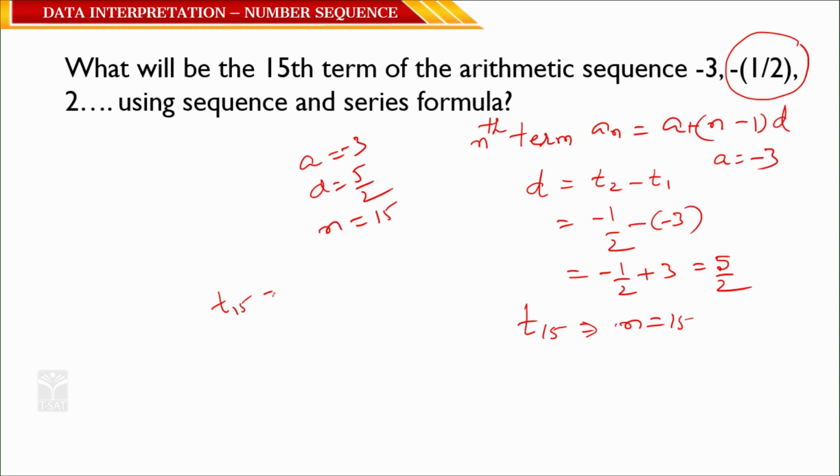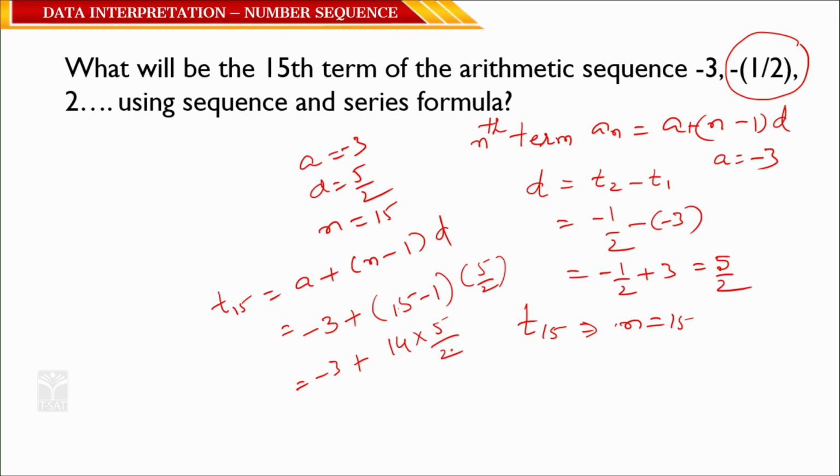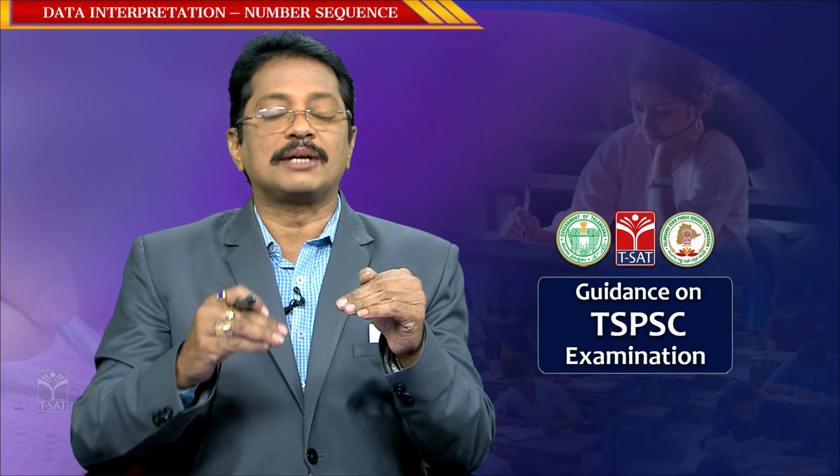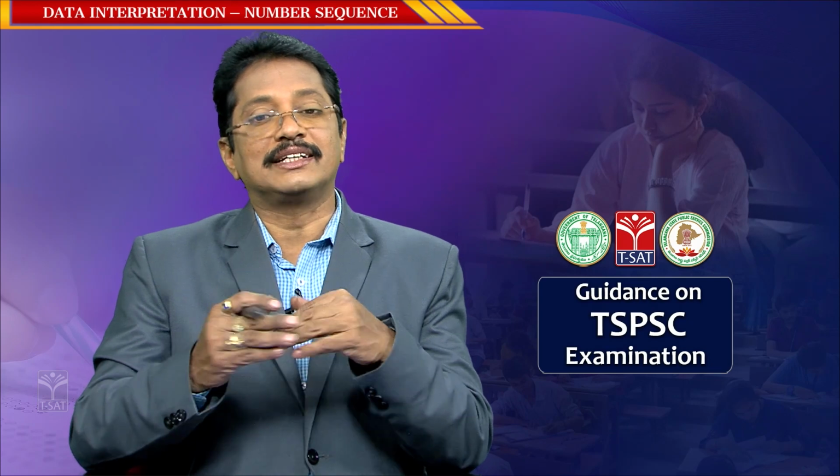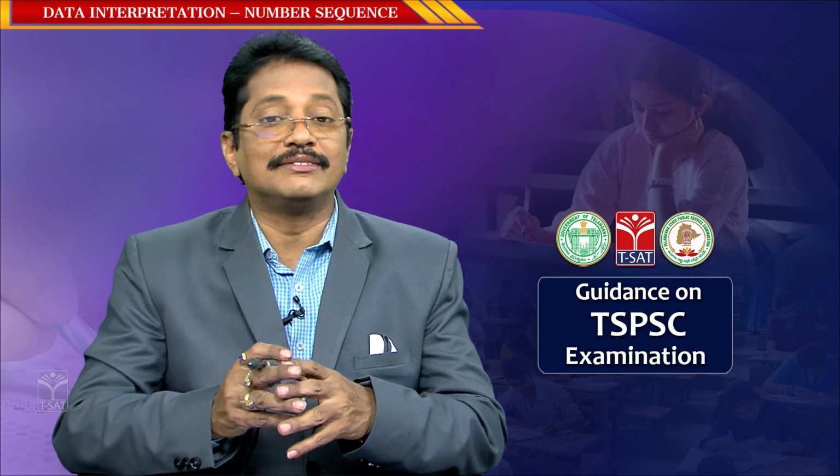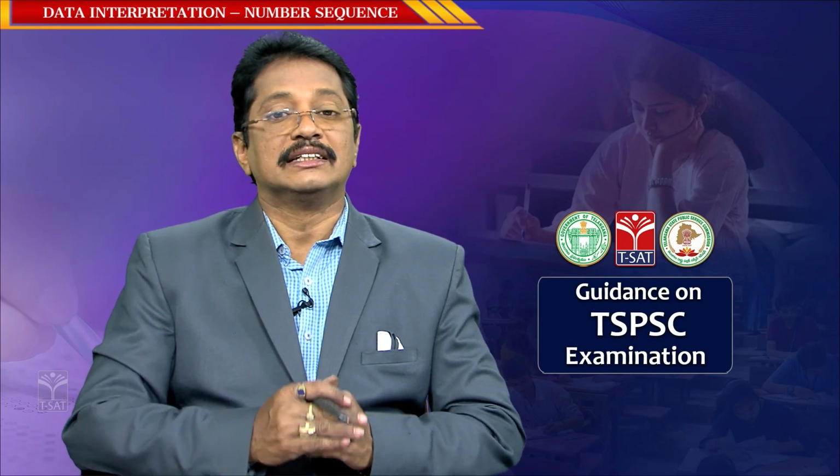T15 is equal to a plus (n minus 1) d. Substituting: minus 3 plus (15 minus 1) times 5 by 2, which is minus 3 plus 14 times 5 by 2. 2 sevens are 14, so 7 times 5 is 35, minus 3 plus 35, which is 32. So, the answer is 32. See, when you know the formula, you can find the answer in a very simple manner.